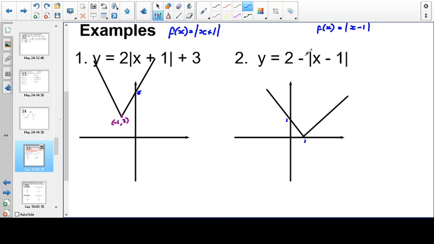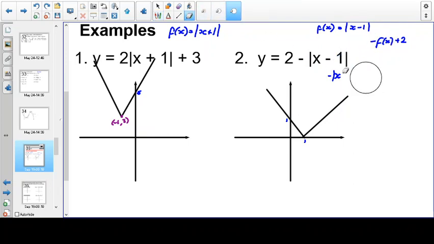Now if we think about what's happened, we've got a minus on the outside, we've got minus f of x, and then we've got this 2. Well, that's just the same as that. Those two things are the same thing. So we've got a minus on the outside of the function notation and a plus 2 on the outside of the function notation.